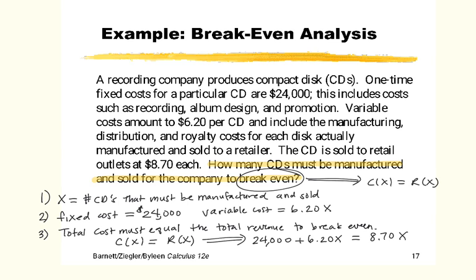And in this case, we don't know how many CDs, so it's $8.70x. Okay. And so you could also put this above here in number 2. You can say the revenue is equal to $8.70x. Okay, so now we have a mathematical sentence that we can solve for.